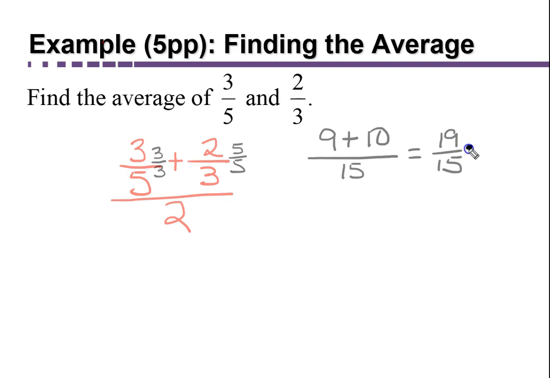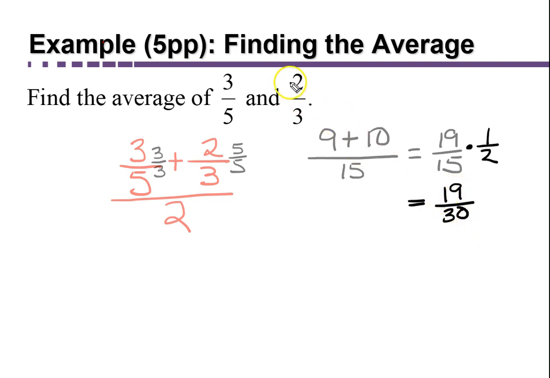We're just going to multiply it by 1/2. Now, notice, can you do any cross-canceling? No. So this is going to be 19/30.